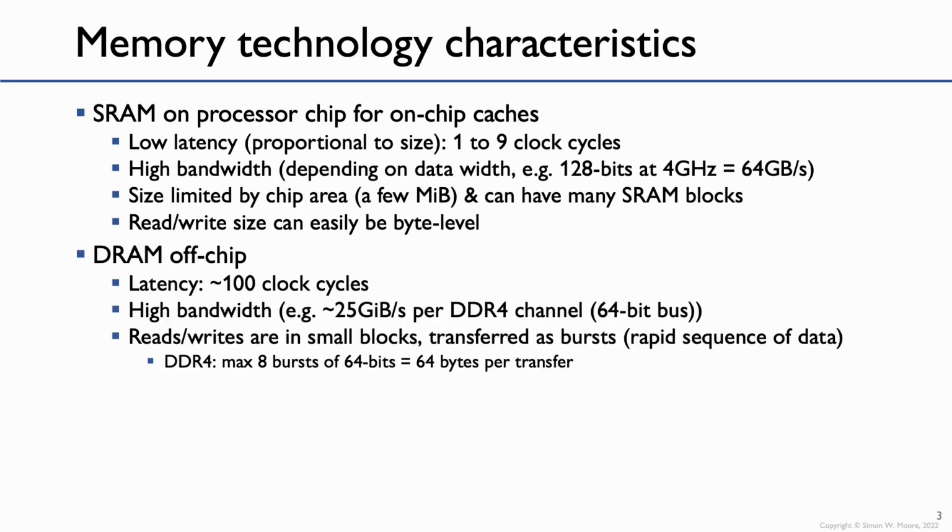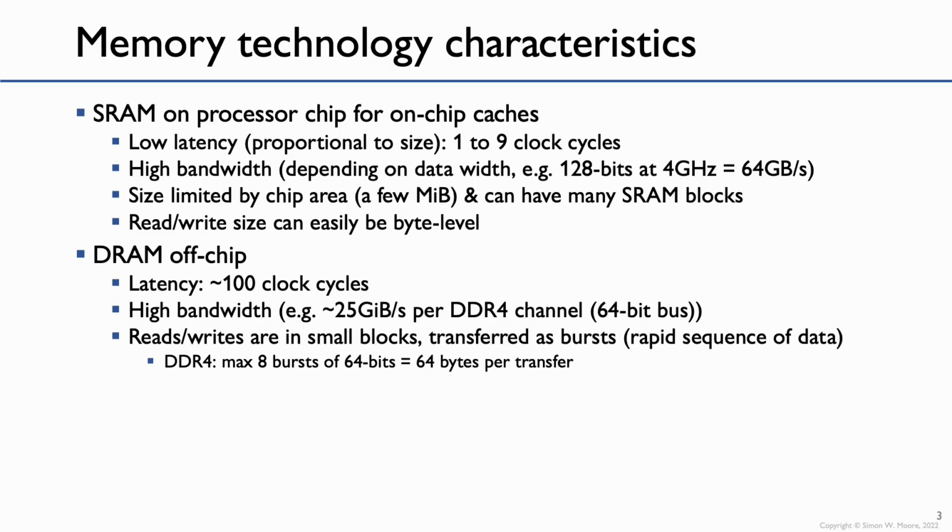Then typically we still use DRAM, dynamic random access memory, off chip. The access latency can be hundreds of clock cycles, and it's still usually pretty high bandwidth. If you've got something like DDR4 memory, it's got a 64-bit bus, and you can actually get of the order of 25 gigabytes per second, which is pretty good.